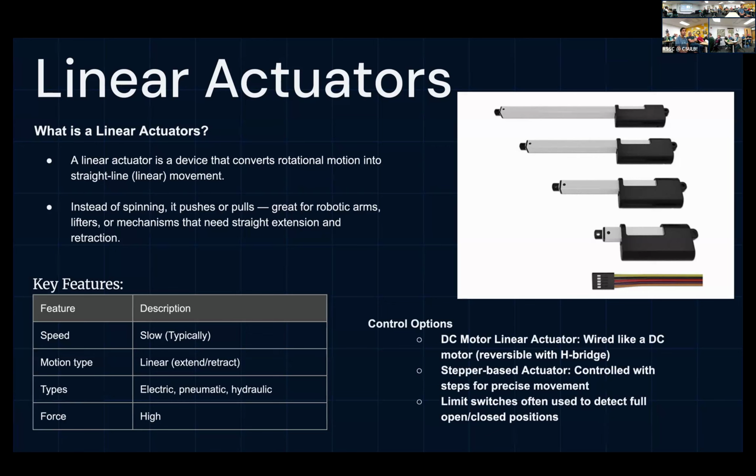So there's some control options on how you can use those. A lot of times they have a limit switch so that they stop moving once they reach their extension. That way you're not pushing that rod outside of its capabilities.